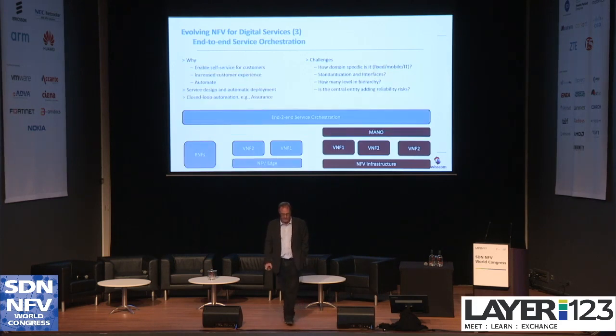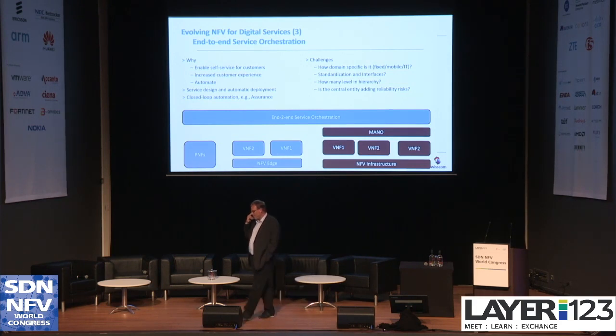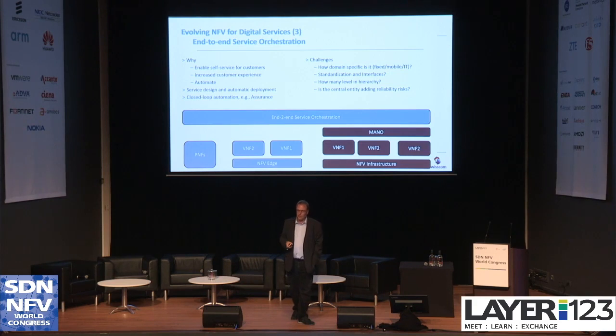The third one is really end-to-end service orchestration. Since we talk services, what we want to provide at the end as an operator is digital services in whatever form. So you also need to look into end-to-end service orchestration. On top of the edge we already had, if you do service orchestration, at one point you also have physical network functions.